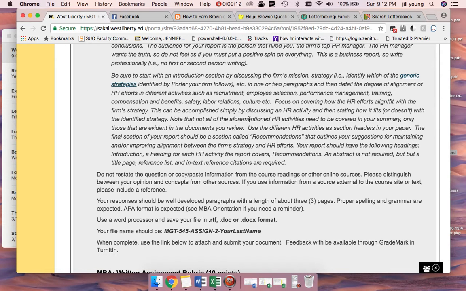It helps me not have to spend more time grading when I'm not having to take that out of it and say, okay, is there enough here? So your responses should be well-developed paragraphs, the length of about 3 pages. 3 pages does not include any kind of title or reference page. When there's a page requirement in this course, it is strictly covering the content of the paper only.